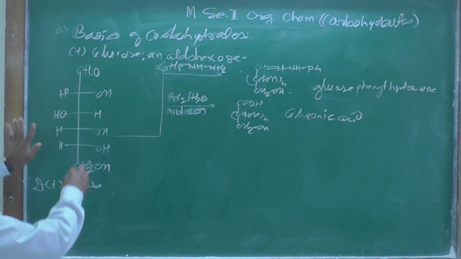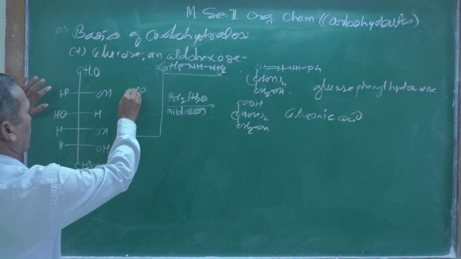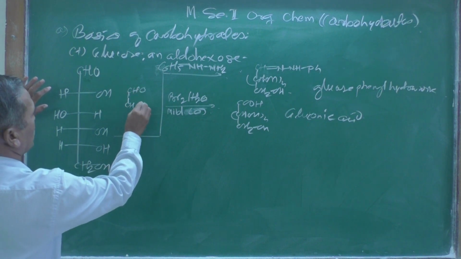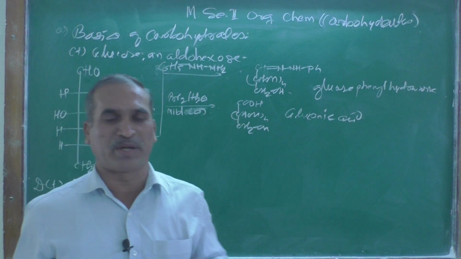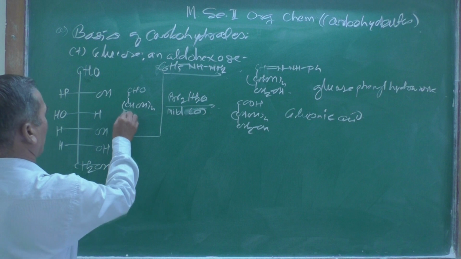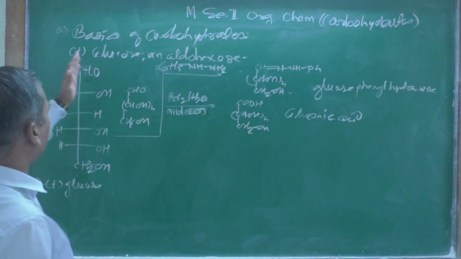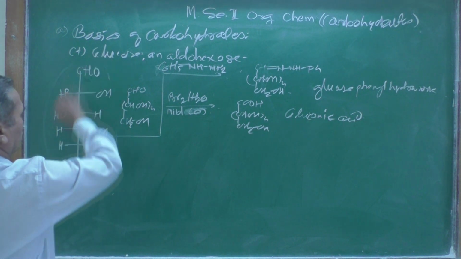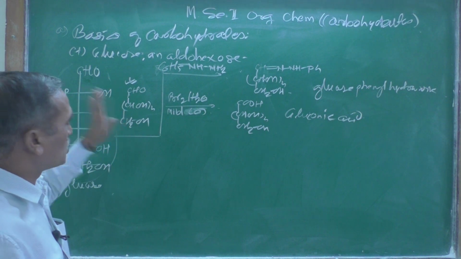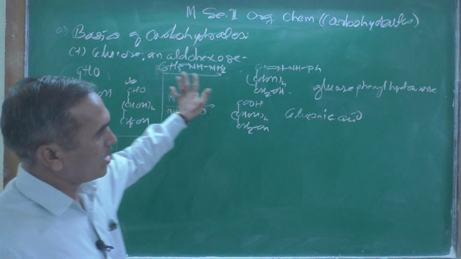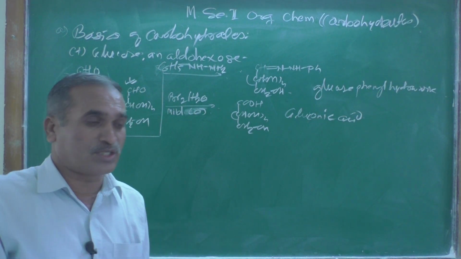In short we represent it as CHOH four times, because there are four secondary alcoholic groups and one primary alcoholic group. For writing that reaction, in short, you can remember the glucose structure, where we can carry out this reaction.